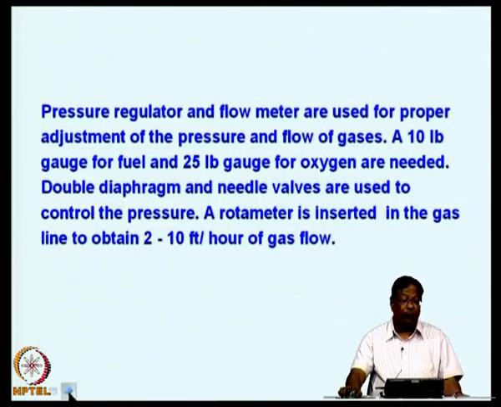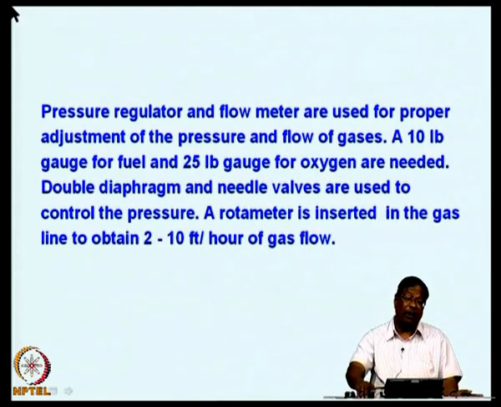And the only thing I would like to add now is that pressure regulator and the flow meter are used for proper adjustment of the pressure and flow of gases. A 10 lb gauge for fuel is required and a 25 lb gauge for oxygen are needed.